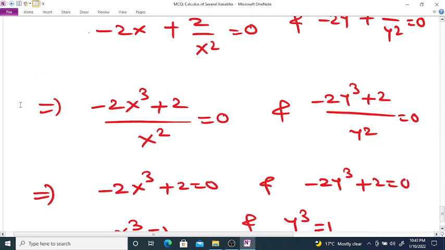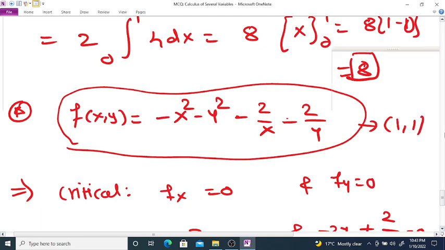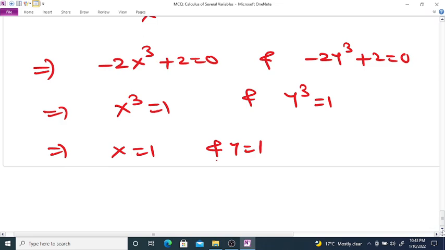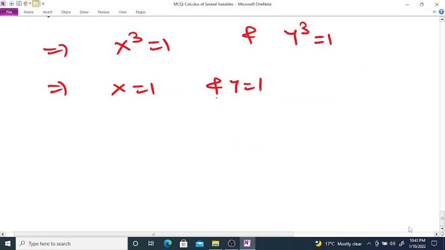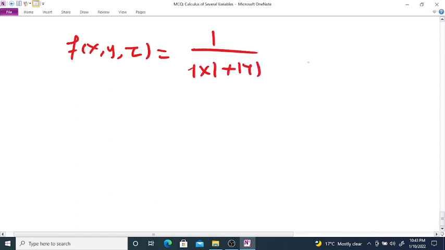given function f of x y has an extreme value at the point 1, 1. At an extreme value we know that f sub x and f sub y are equal to 0, 0. Now next we want to determine at what points the function f of x y z equal to 1 divided by mod of x plus mod of y is continuous.